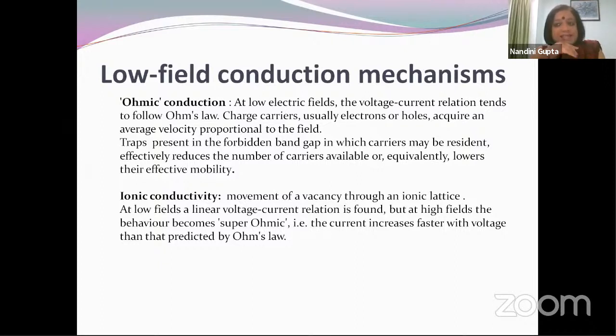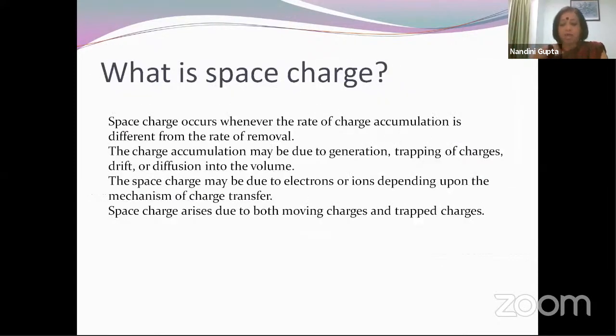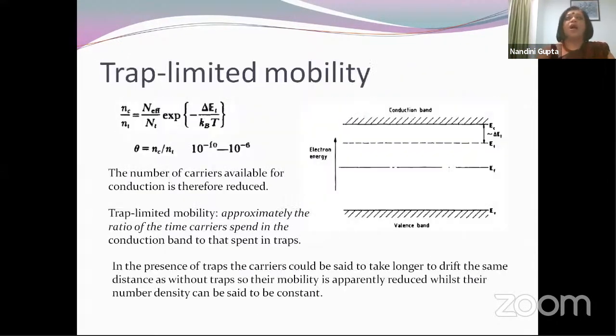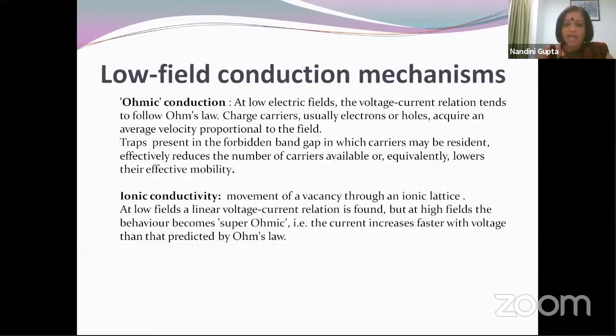Now, as I said, in the case of dielectrics, it's not only the electrons which are responsible for charge flow, ions are also responsible for charge flow. What do I then mean by ionic conductivity? I'm talking about the movement of a vacancy through an ionic lattice. So you have a charge electron missing and you have a vacancy which is positive, and it is this vacancy which propagates through the material.